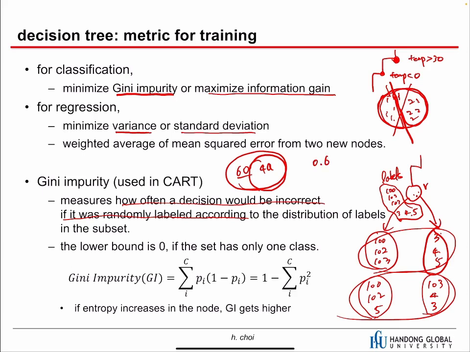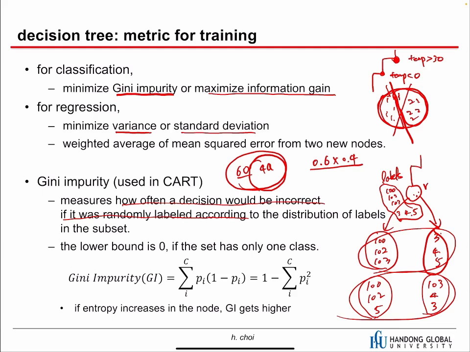It's a random selection. Then what percentage are we going to be incorrect? 40%. So this much we are going to be incorrect.